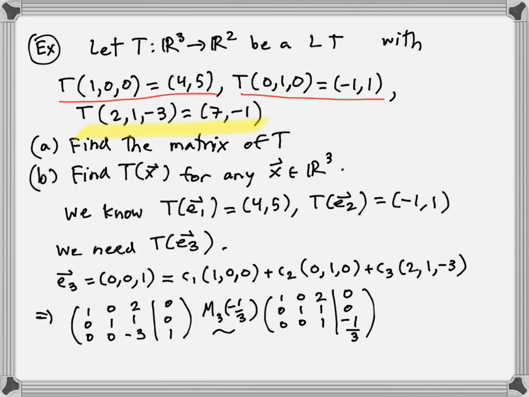What does this mean? This means that C3 is negative 1/3, C2 is 1/3, and C1 is 2/3. Okay, so now we can figure out what T of (0, 0, 1) is.